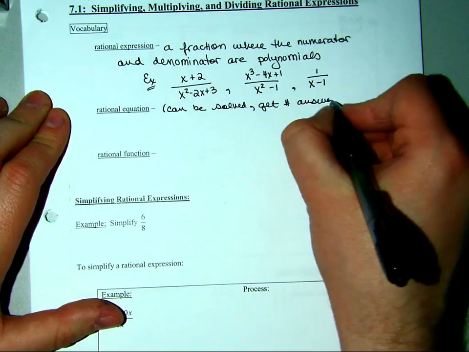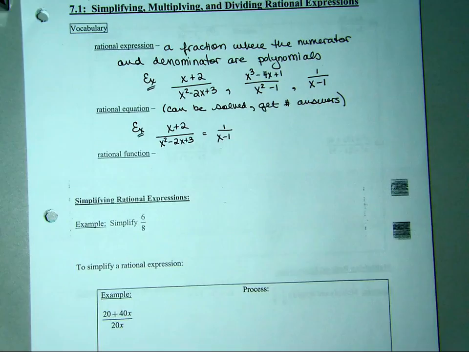For example, maybe something like x plus 2 over x squared minus 2x plus 3 equals 1 over x minus 1. That's a rational equation. The goal is to find the x that if you plug into the left will give you the same thing as if you plug into the right. I promise it's nowhere near as bad as it actually sounds. We're going to look at that stuff, though, starting next week. This week we'll just deal with the expressions.